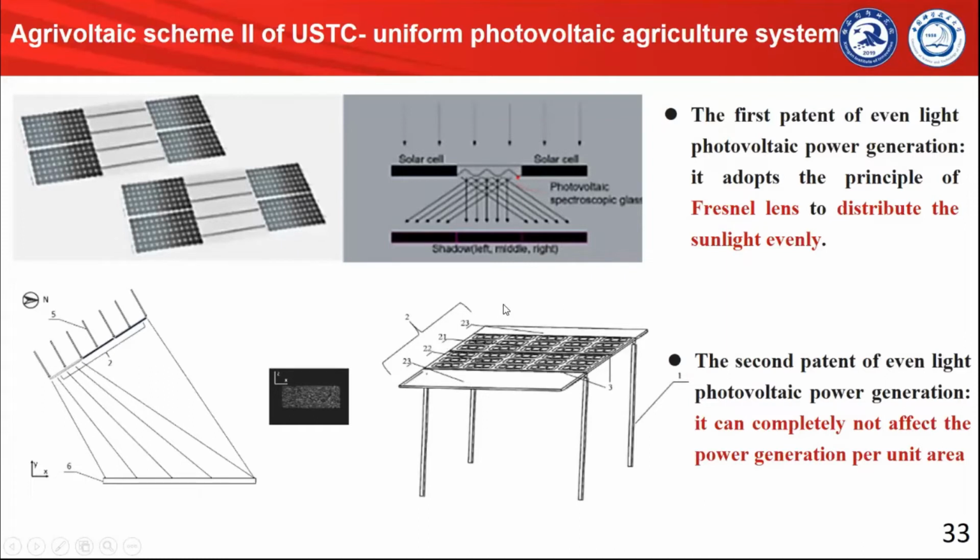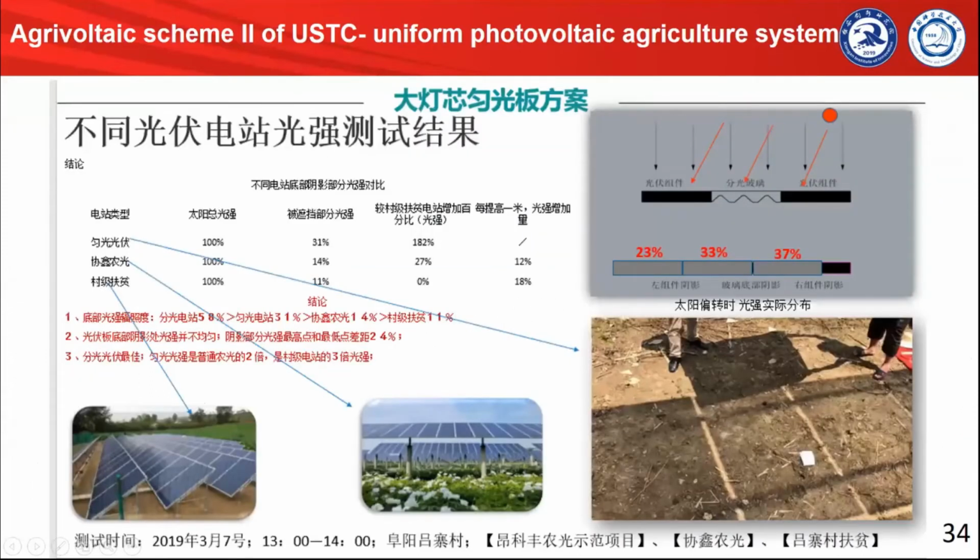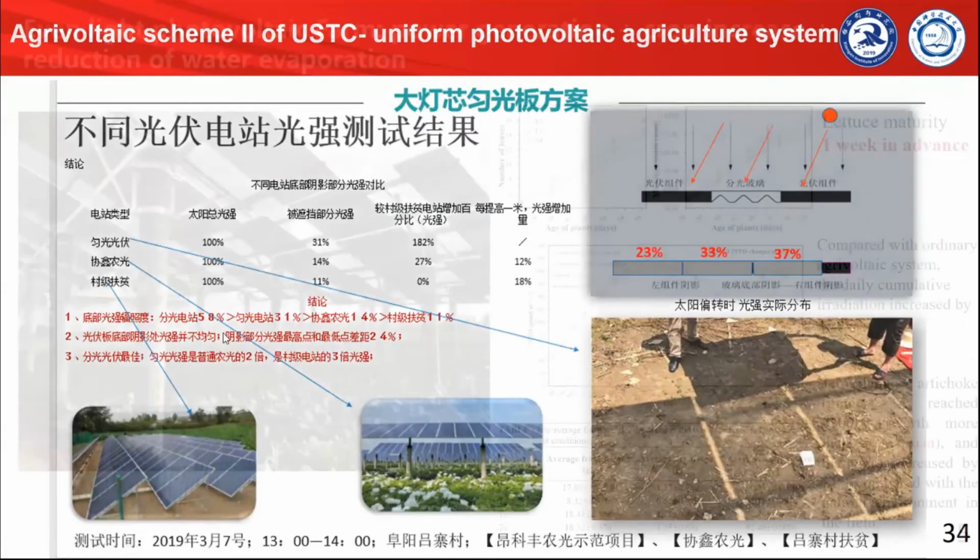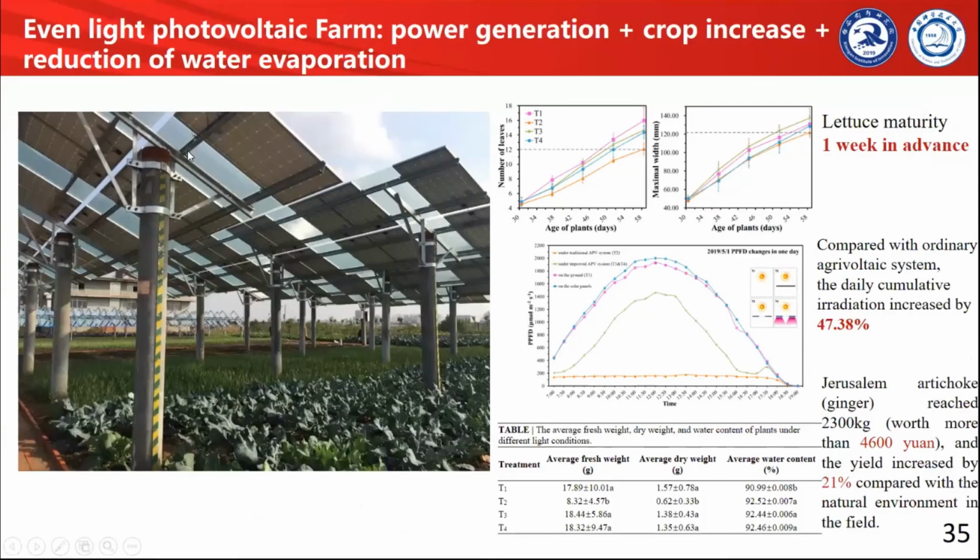Under the solar panel, the light becomes uniform, as this picture shows, and the light intensity increases more than double. So this kind of design also helps a lot. The plants also grow much better than before, and even some plants' productivity increased.